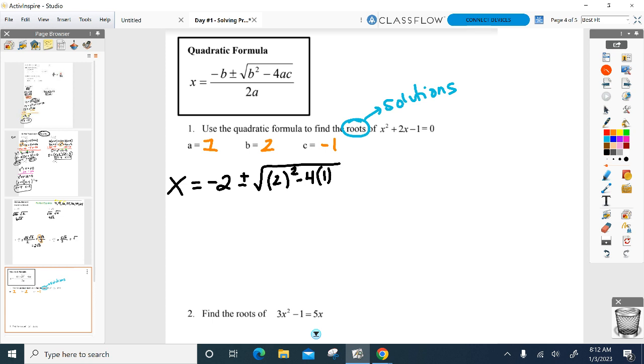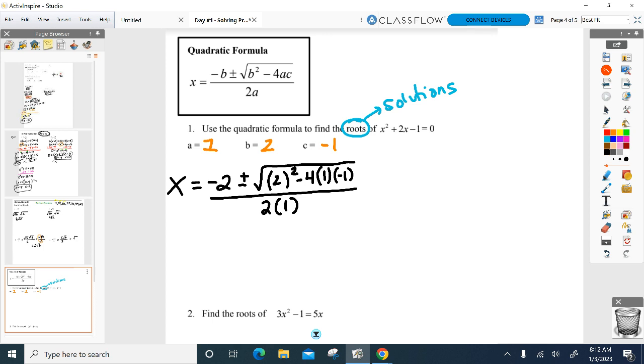Times C, put it in parentheses, negative 1. I also want it in parentheses when you plug it in your calculator in a second. All right? Use the parentheses. Over 2 times A, 1. Everyone all right? So underneath the radical, at least have the parentheses.